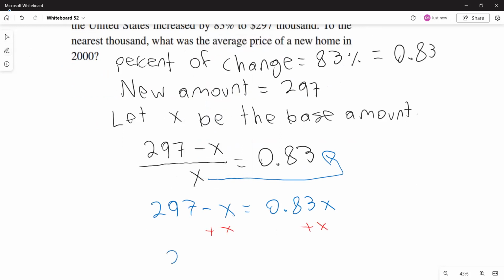And 297 is 0.83x plus x. If you took a course on basic algebra, x is the same as 1 times x, and the distributive property says that 0.83 plus 1 is 1.83.